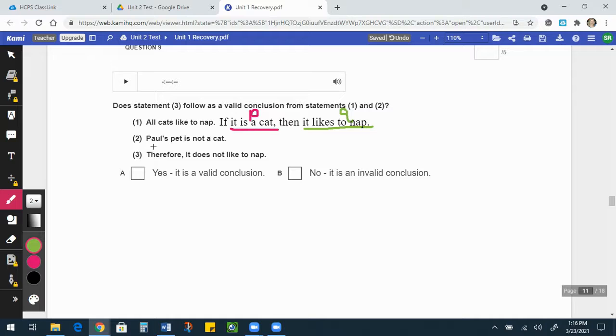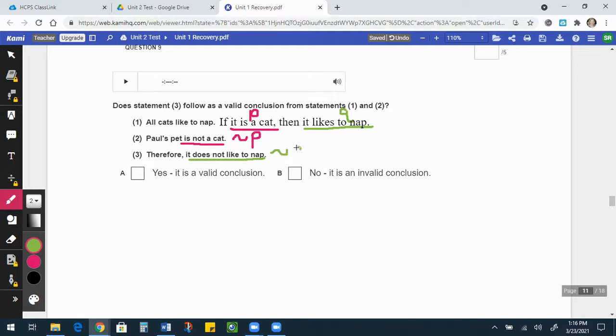Statement 2. Paul's pet is not a cat. Okay, is a cat, is not a cat. That would be negated P. Therefore, it doesn't like to nap. Likes to nap, does not like to nap.